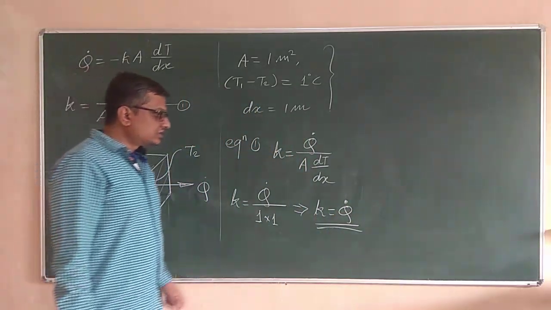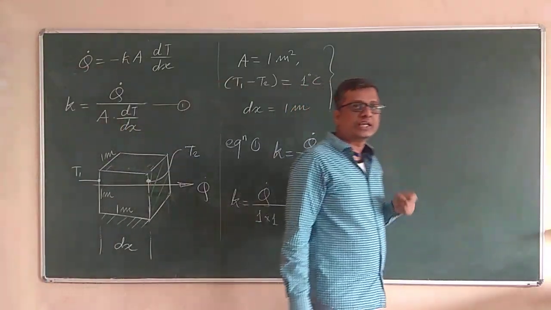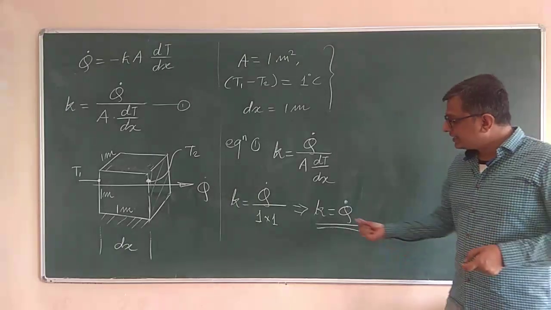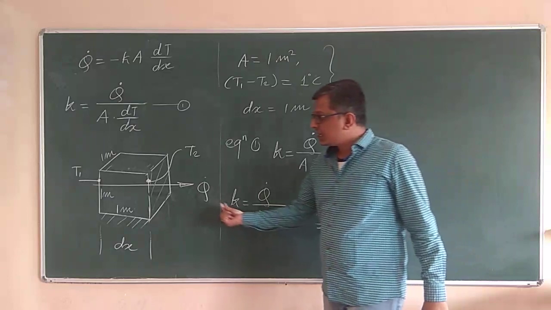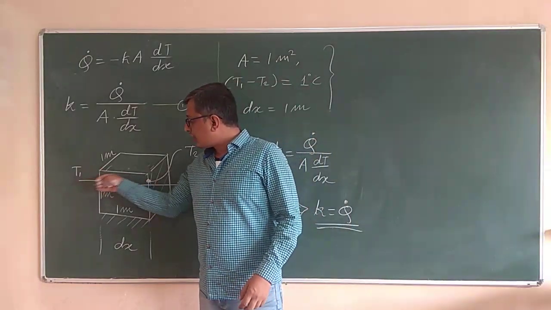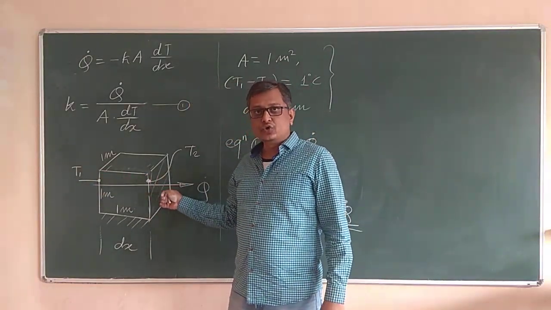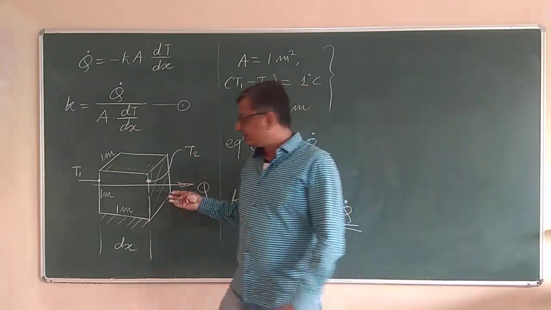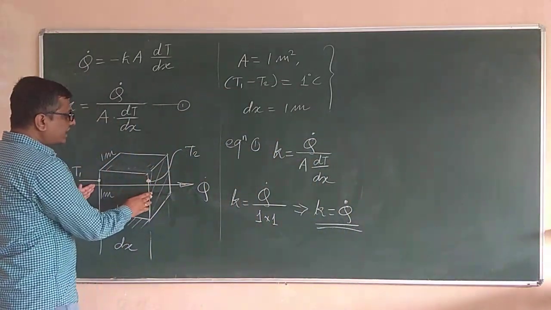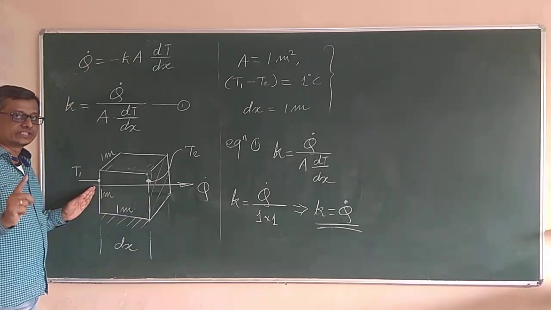It means that the thermal conductivity of a material is numerically equal to the rate of heat transfer taking place across two opposite surfaces of a cube of side 1 meter when these two surfaces are maintained at a temperature difference of 1 degree Celsius.